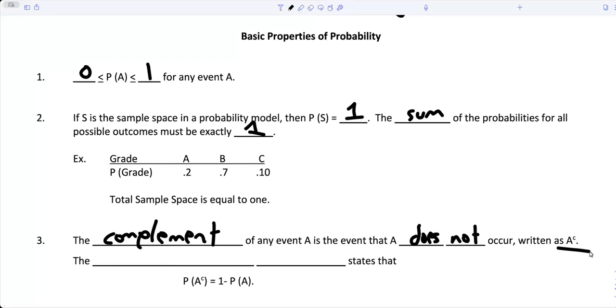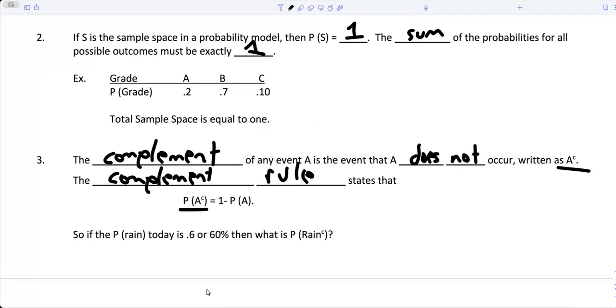And it's written as A with this superscript C. Okay, so the complement rule states that the probability of A complement is going to be 1 minus the probability of A. So if the probability that it's going to rain today is 0.6, then what is the complement of that? Will be 1 minus 0.6, which is 0.4 or 40%.